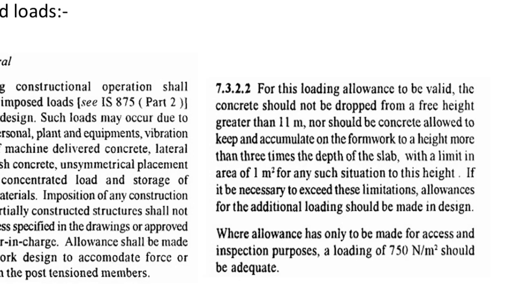So these are the data you need to know about formwork design, because without the formwork design we should not do any formwork calculation or any formwork erection, because if we do, that will be a problem for us.